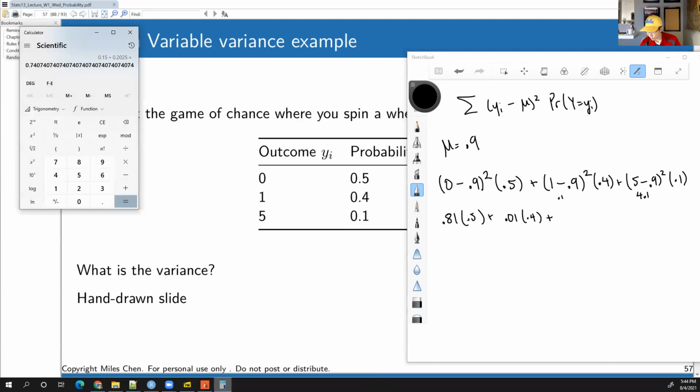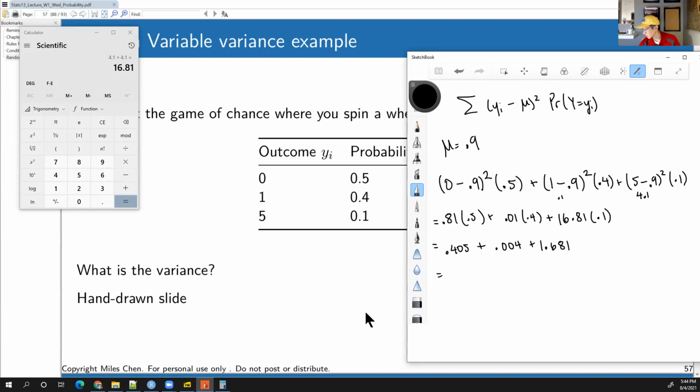What is 4.1 squared? 16.81 times 0.1, okay? So 0.81 times 0.5 is going to be 0.405, plus 0.01 times 0.4 is going to be 0.004, plus 16.81 times 0.1 is going to give me 1.681.